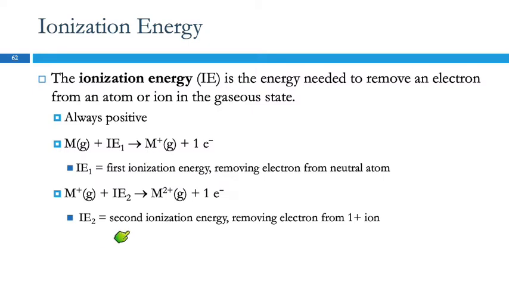The second ionization energy is the second time you do this. So you take the +1 ion, you put in the second ionization energy, and you pull off another electron, and now you have a +2. You could go third and fourth and fifth, just pulling off electrons. As you pull them off, they become harder and harder to pull off.